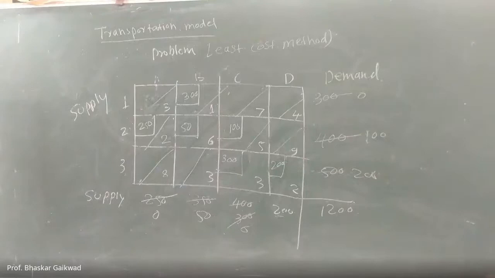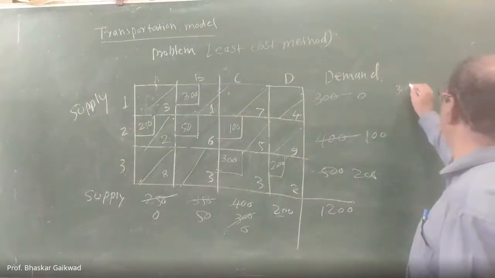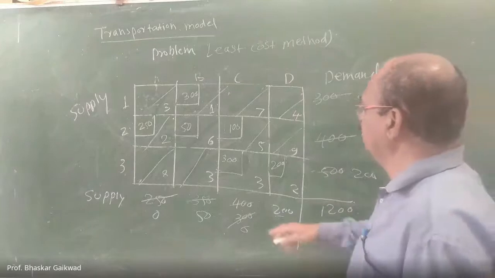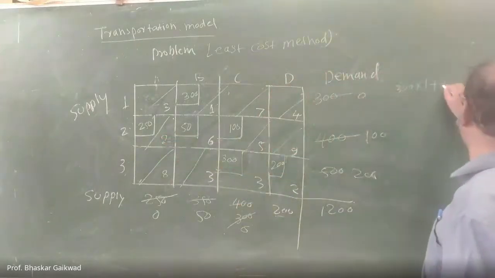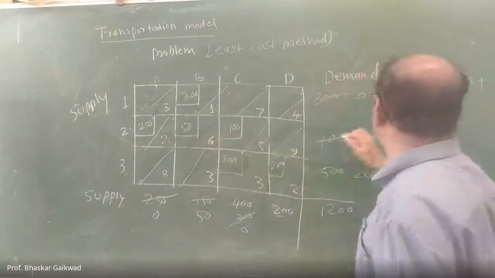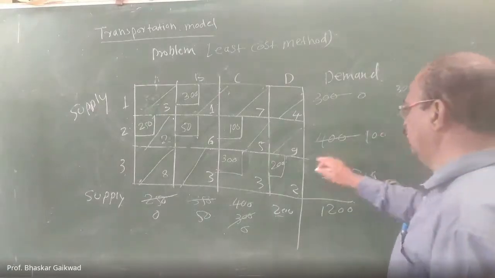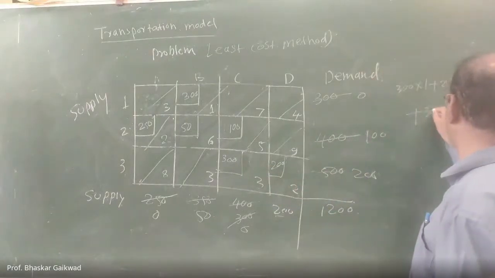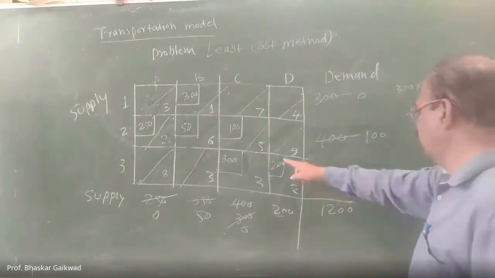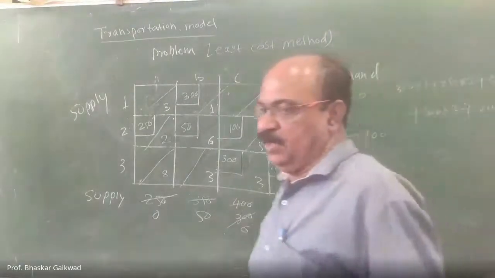Now you can calculate the value of each. 300 into 1 plus 250 into 2 plus 50 into 6 plus 300 into 3 plus 200 into the least value.